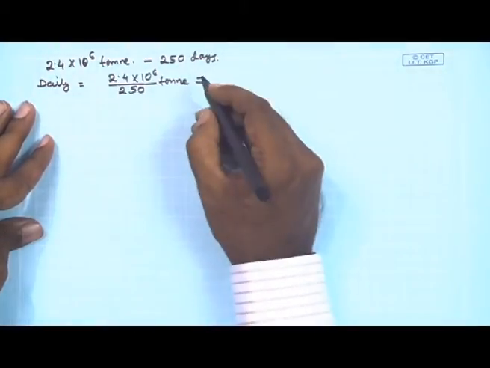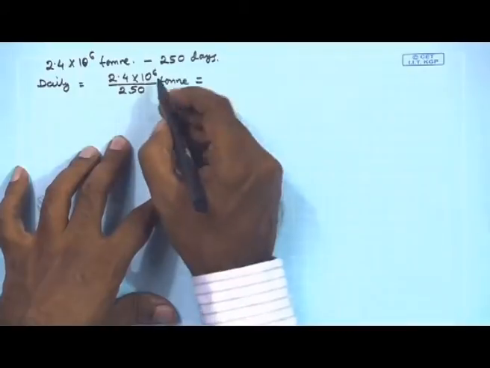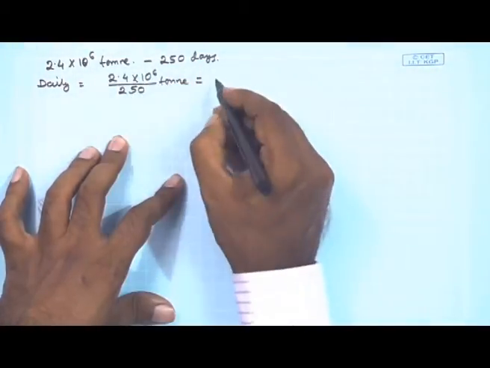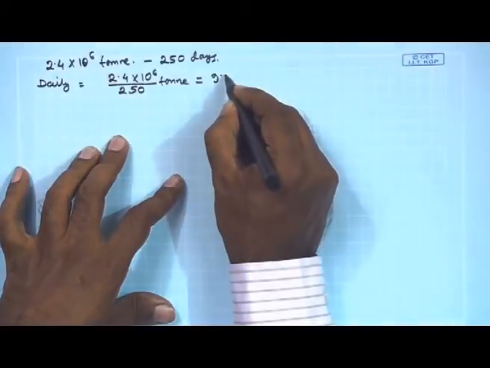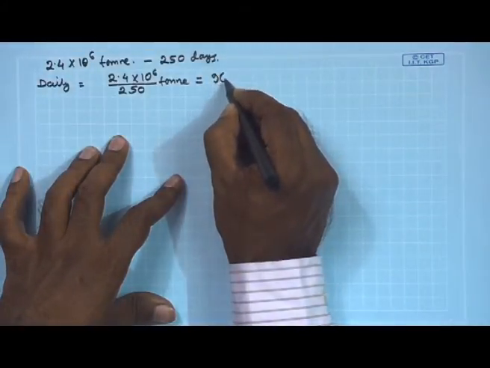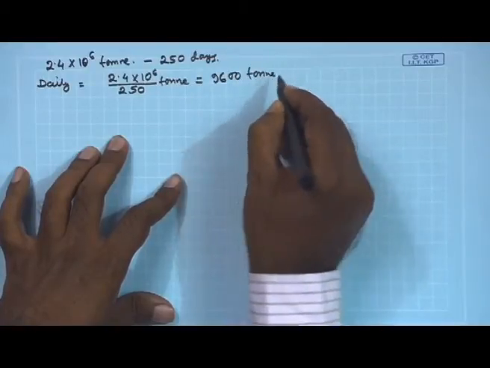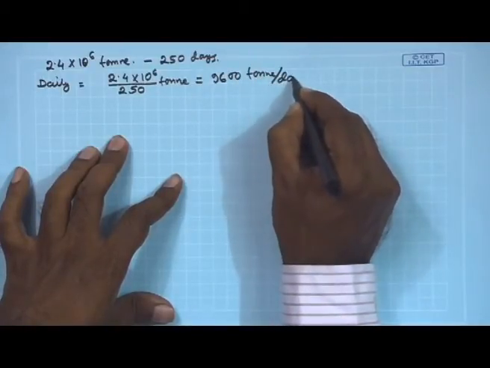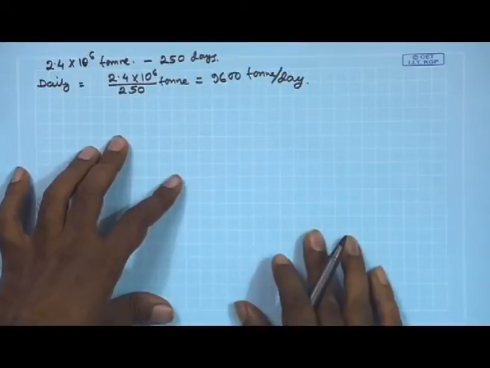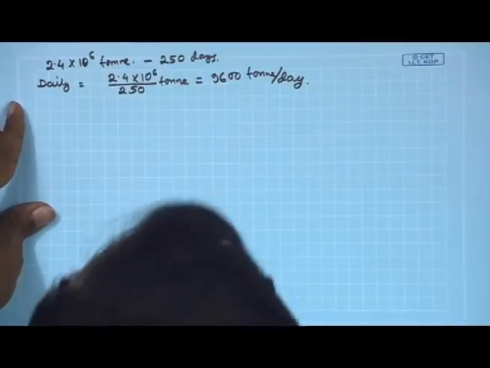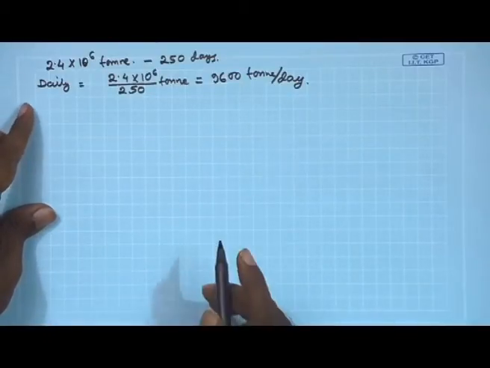If we calculate it, it comes to 4000 into 2.4, that means 9.6 into 1000, so 9600 ton per day is the production target. This is our production target, which is given in this case.